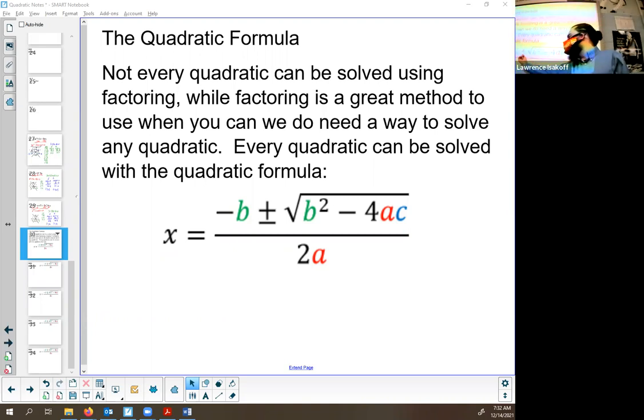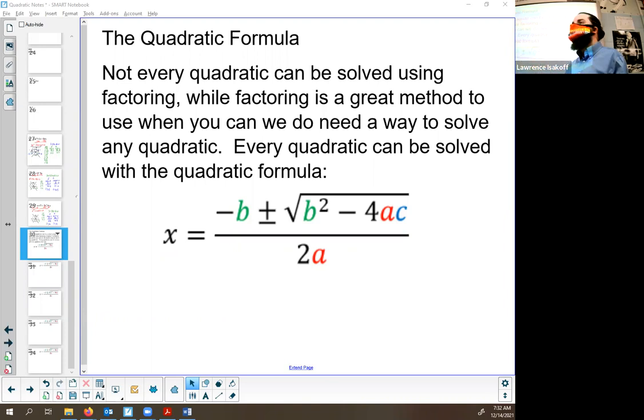I do want to also bring up the symbol in the middle here, that plus minus symbol. What happens is when we were solving quadratics using factoring, we usually got two answers, right? So what the quadratic formula says is you're going to do it twice, essentially.